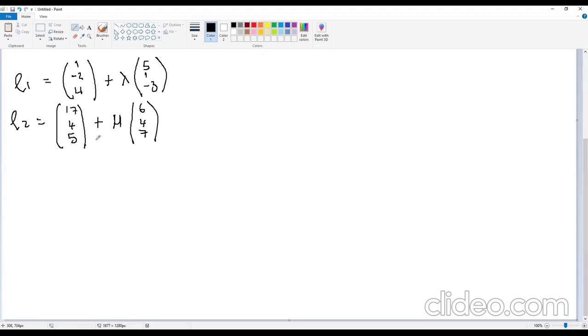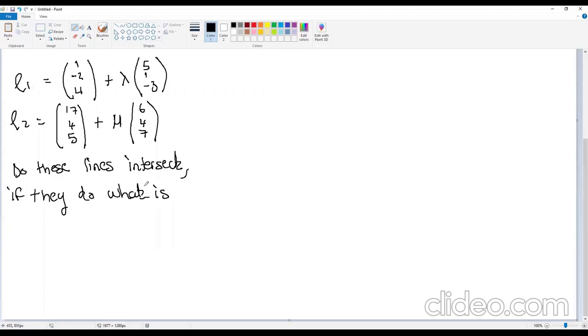And then they ask, do these lines intersect? If they do, what is the point of intersection?